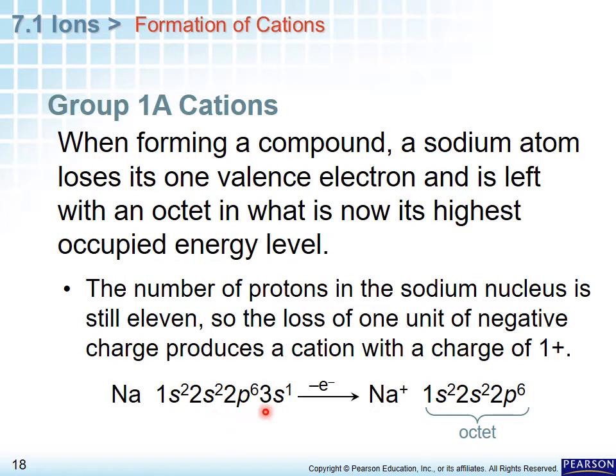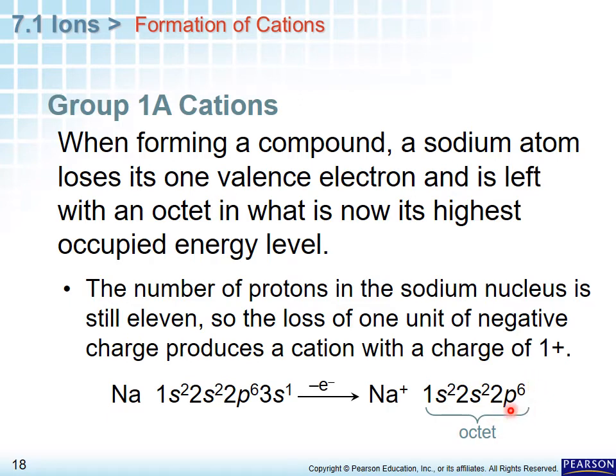Now in the third shell, the configuration shows 3s1. Means in the third shell how many electrons? Only 1. So this 1 electron is going to be lost. When sodium loses this electron, it becomes a sodium ion. Now you can see the octet is complete. So in the outermost shell, how many electrons? 2 plus 6, that's 8.